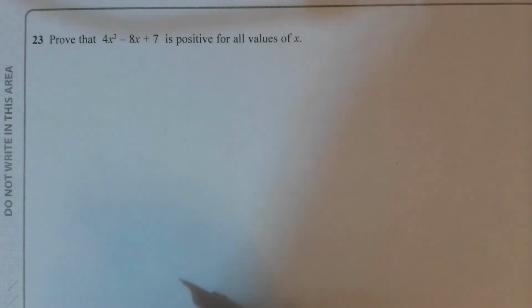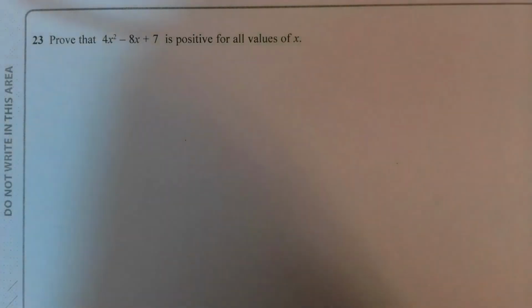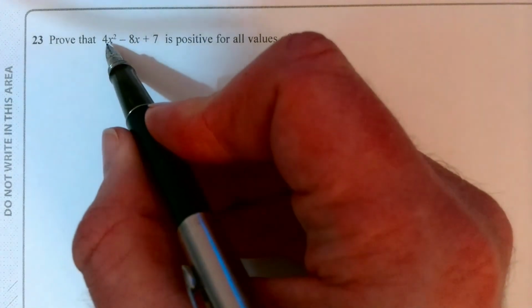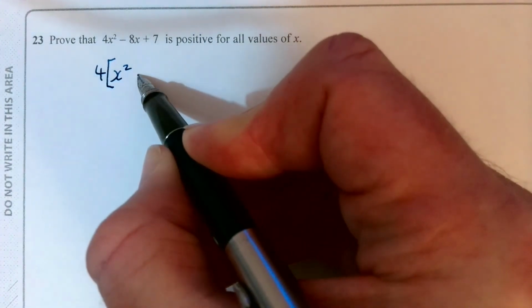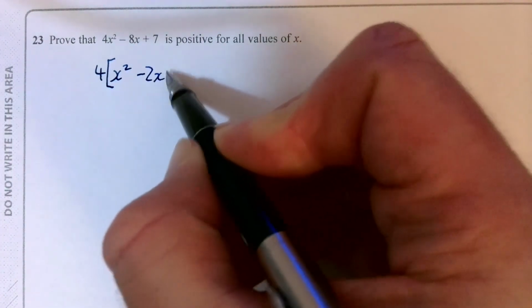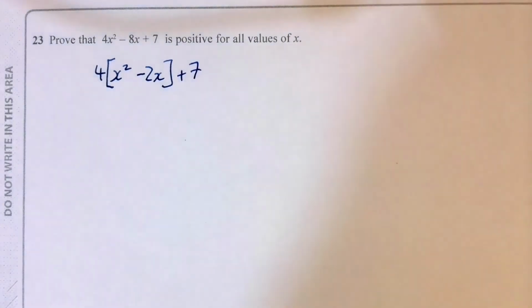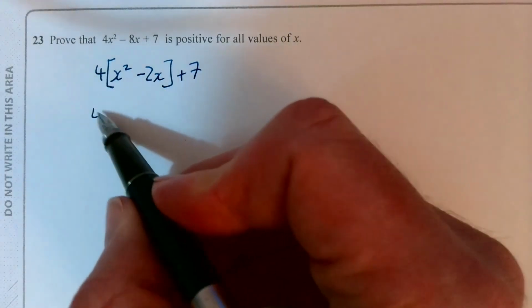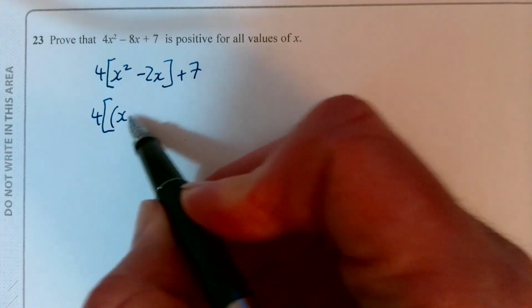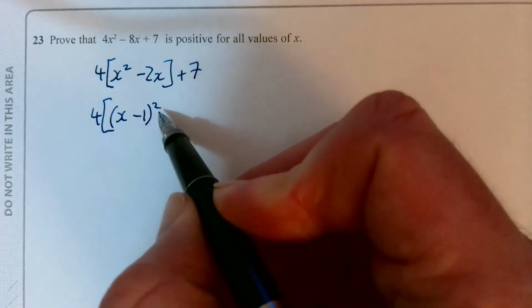The key to this is completing the square, which we've done a bit of. So if we have a go at completing the square here, we've got to take the factor of 4 outside of there first of all. So 4 goes twice into 8. So we do that with the big bracket. Then we halve the number of x's and square it.